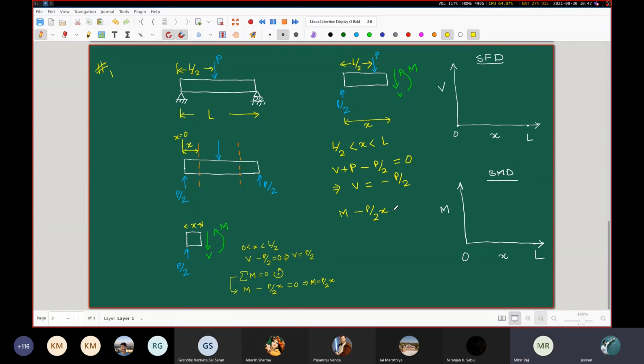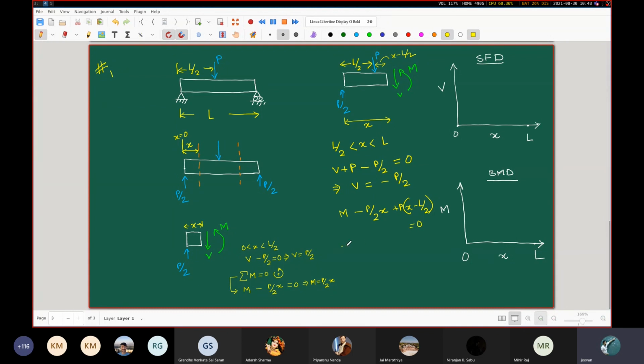This is, so now we'll have plus, right? Yes, sir, plus. Plus P into X minus L by 2. So this contribution comes from this downward pointing external force. The moment arm is this much, X minus L by 2. So this is equal to 0.